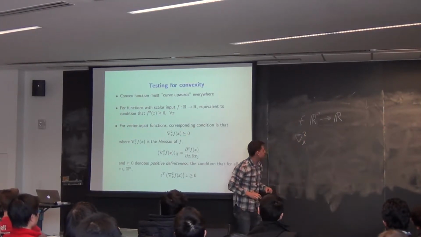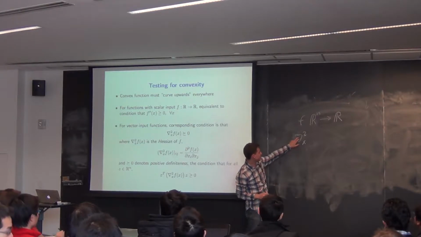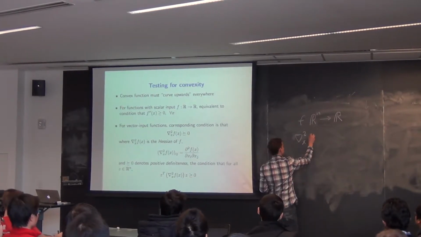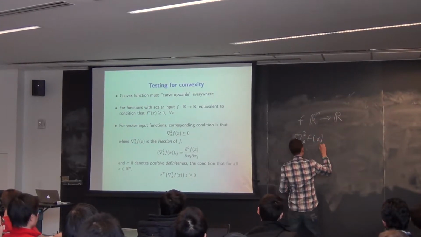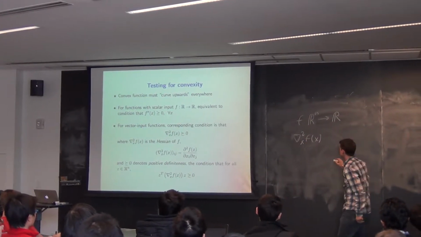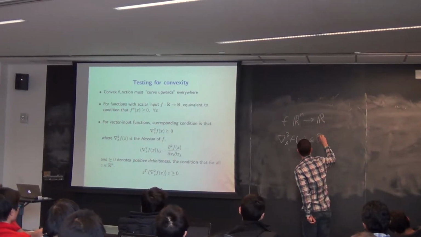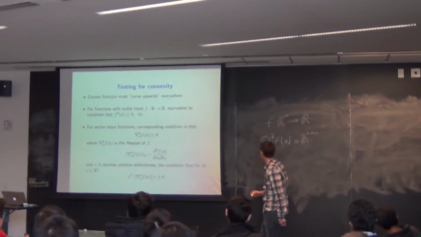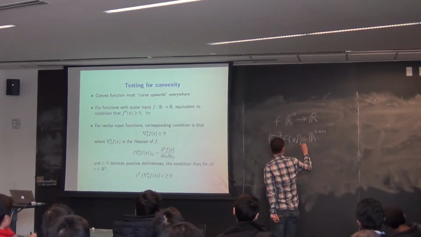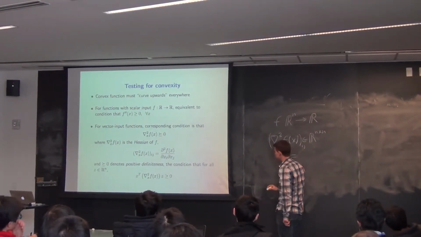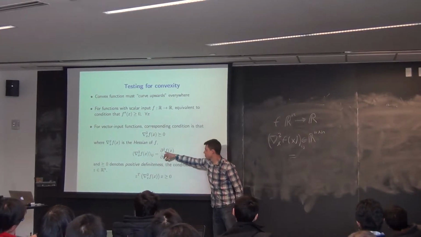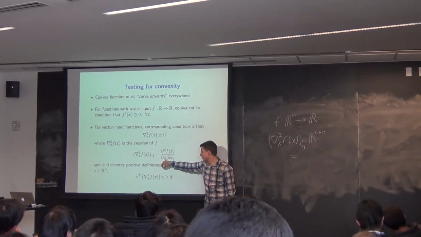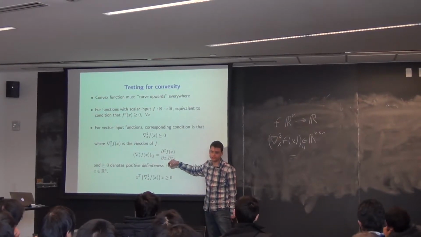This is a derivative-type sign with respect to x. Squared means it's the second derivative of f of x. This whole thing is a matrix that is n by n. And the ij entry of this matrix equals the second partial derivative of f of x with respect to xi and then xj.